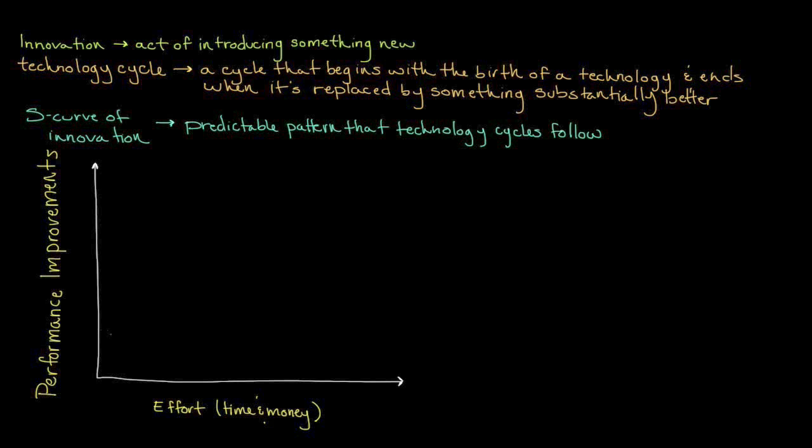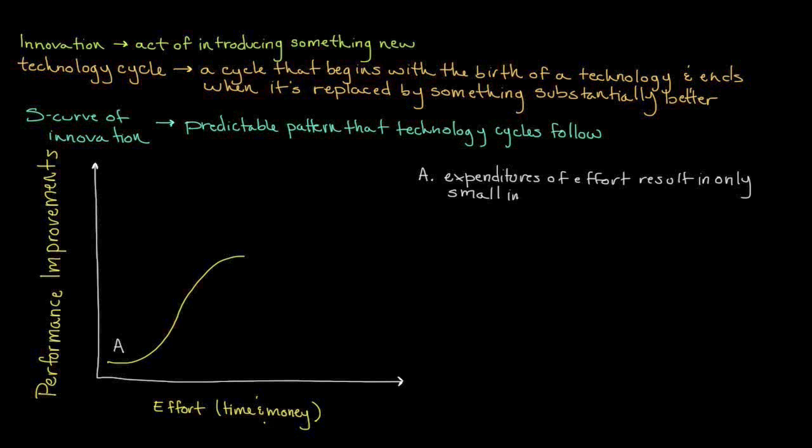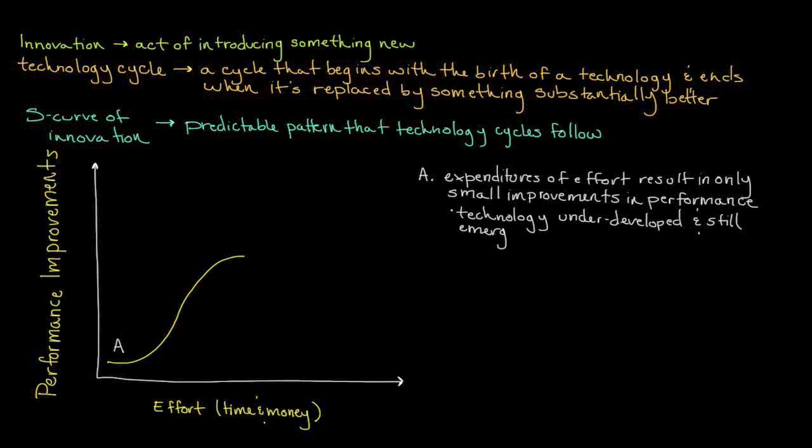When a new innovation is introduced, expenditures of effort result in only small improvements in performance. This is depicted at point A of the S-curve. The reason for this is the technology surrounding the innovation is still in its infancy and thus underdeveloped. For example, pocket calculators were first introduced in the 1970s, yet were predominantly used by scientists and engineers who had previously used slide rules and log tables to solve complex problems.